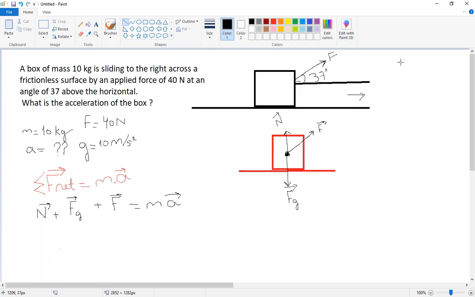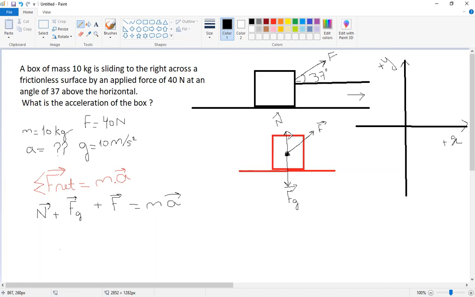This upward direction, we will take it as positive y. And along the horizontal axis, we call it the x-axis, and to the right, we have positive x.